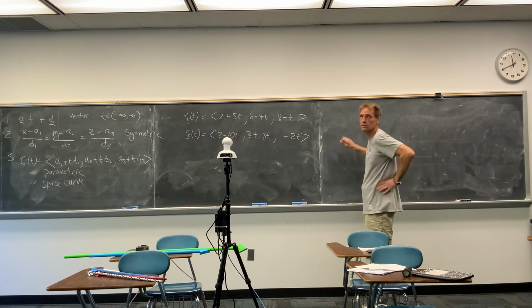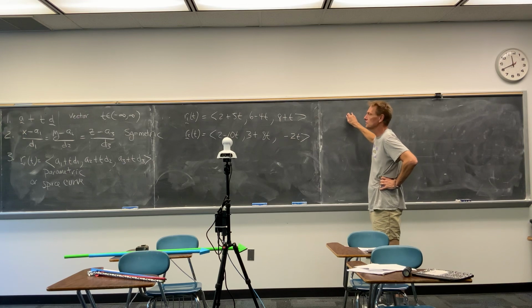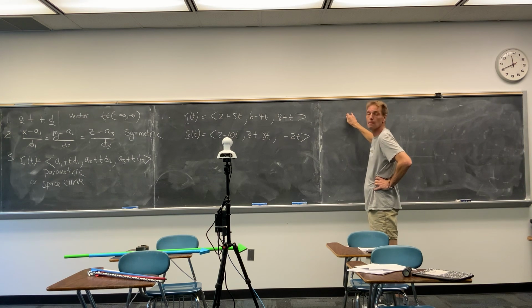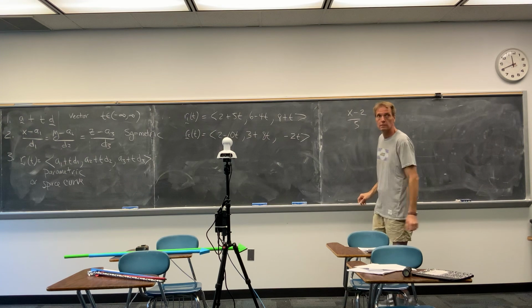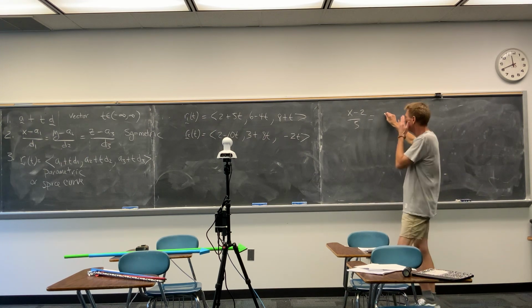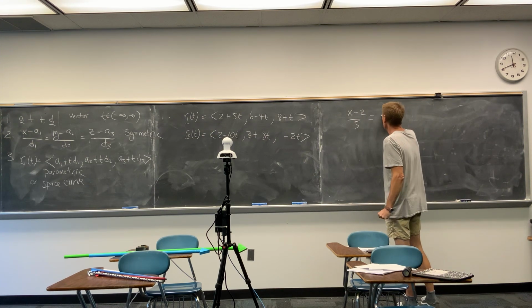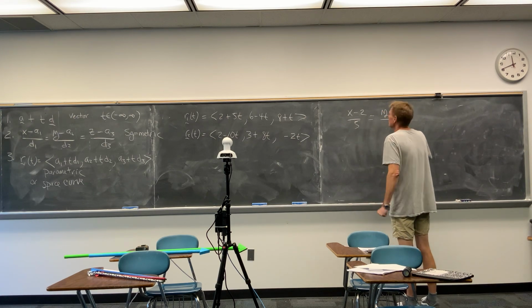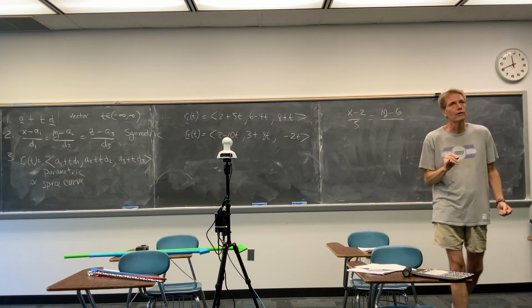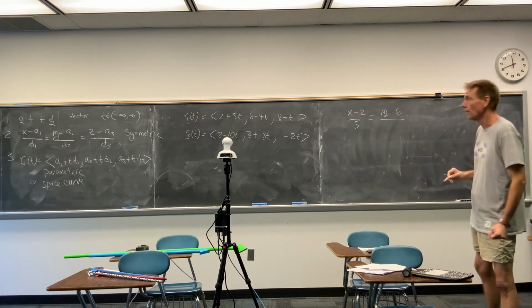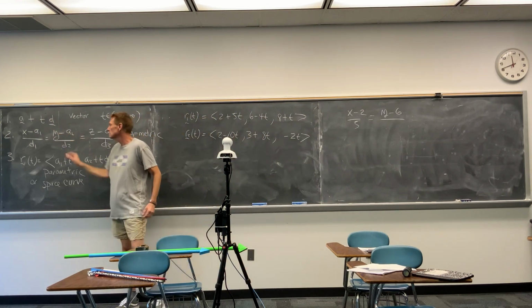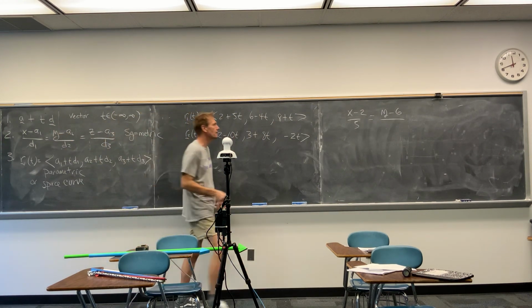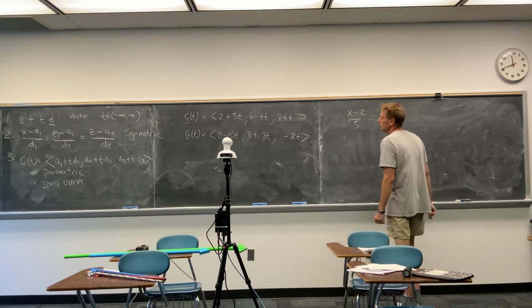Okay, what do you have for the symmetric form of the first line? X minus 2 over 5 equals y minus 6, not over 4, but over negative 4, because the basic form has, my D has the plus in it.